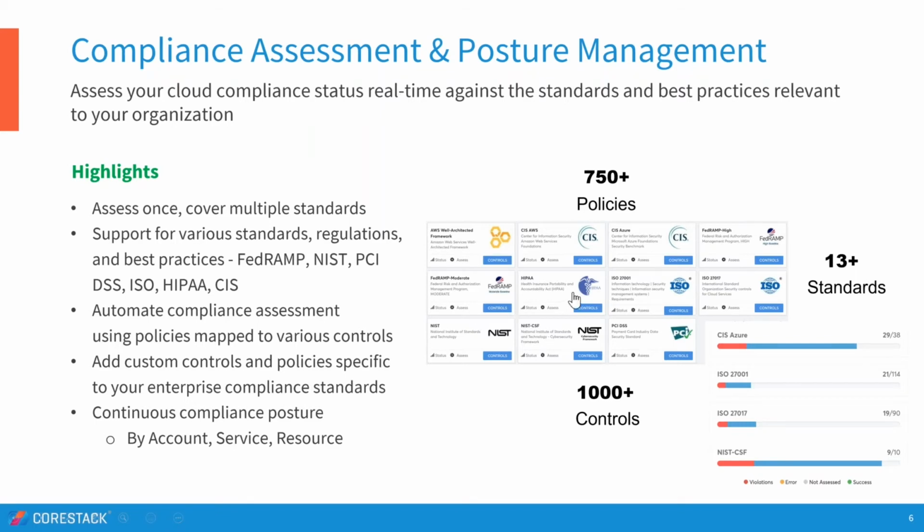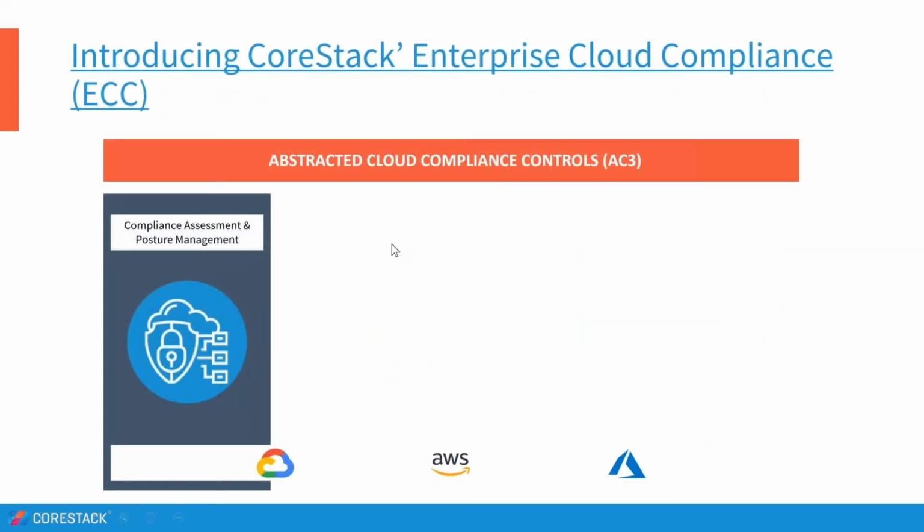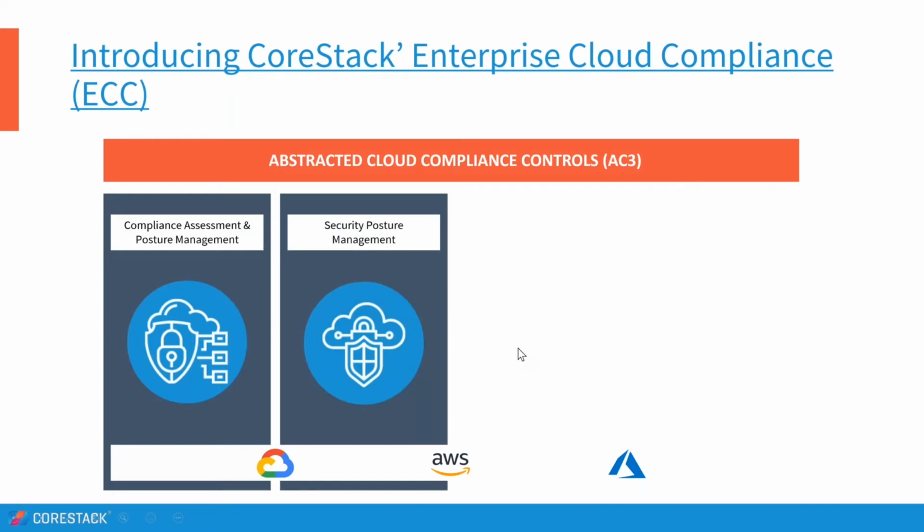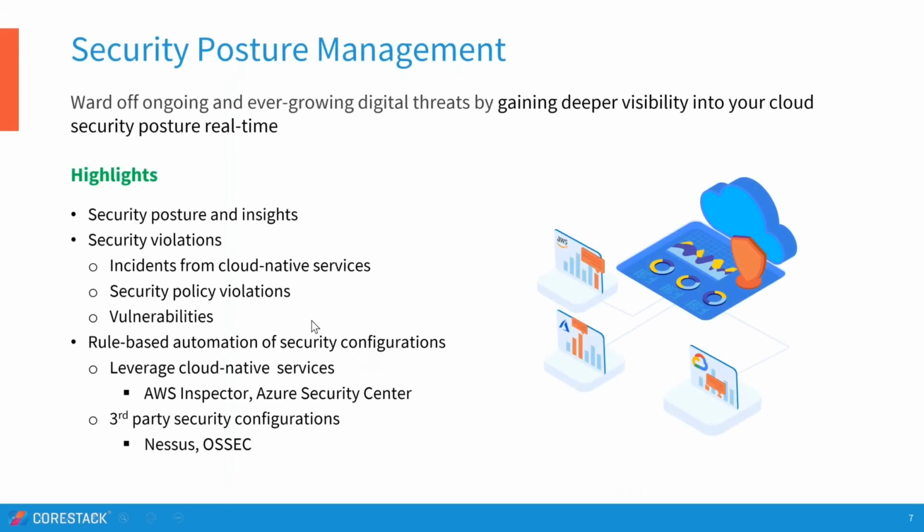If I go back to the next pillar, we call it security and posture management. Sometimes people talk about compliance at an uber level as an umbrella, with security as a subset. We look at them as both being really required. So the way we look at it is security posture and insights.